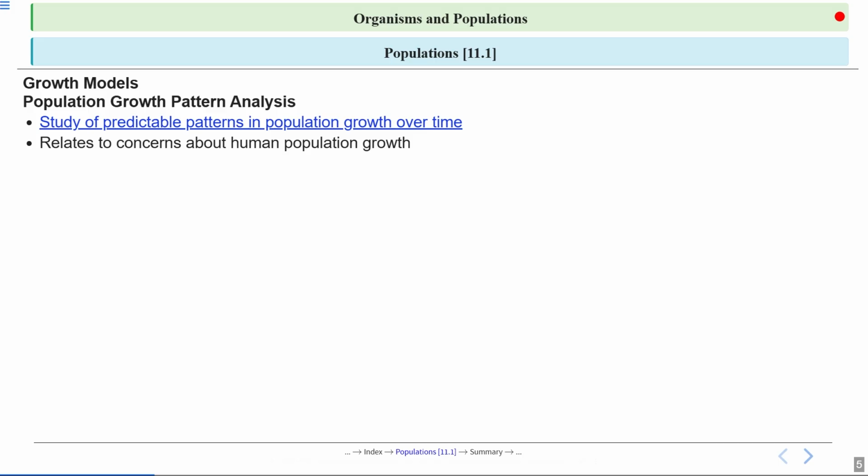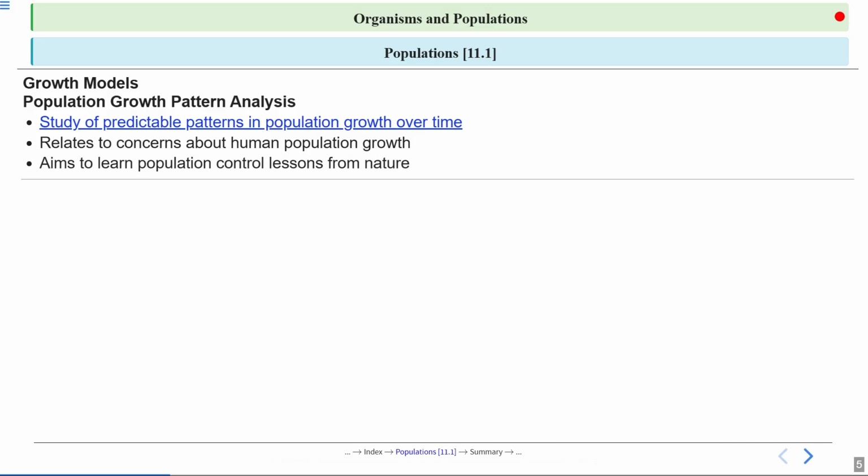Then the next one, the aim here is to learn population control lessons from nature. Nature has its own ways of balancing populations, and by studying these, we can apply similar principles to human populations. So we are learning lessons from nature on how to control and manage the population.